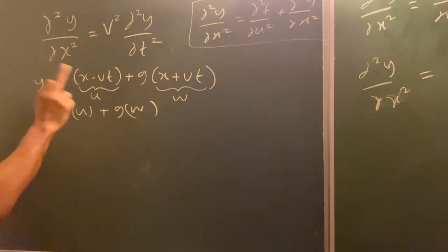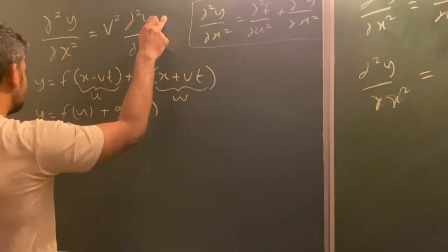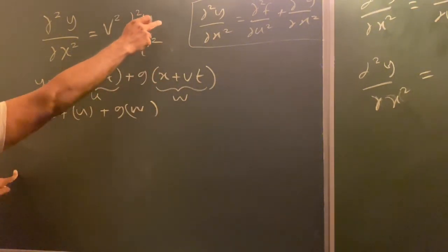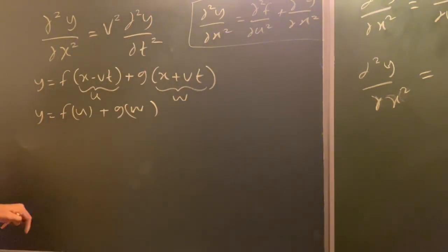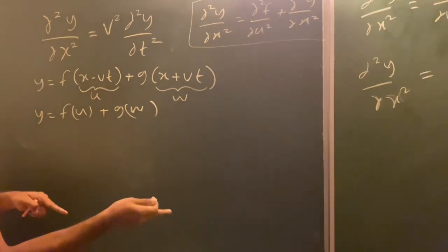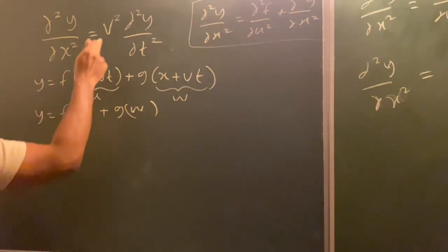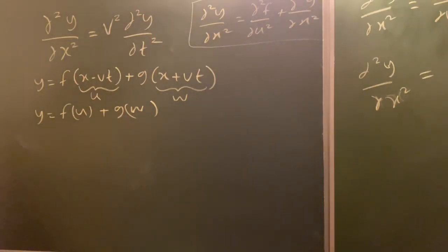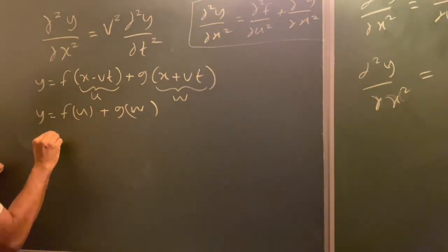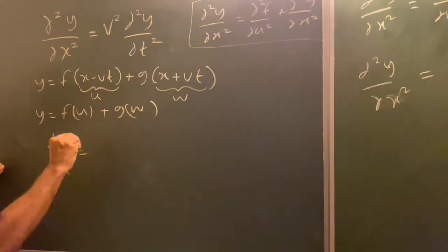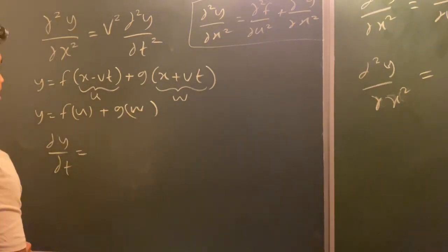Okay, now I'm going to get the second derivative of this one. I have to get the derivative two times in a row, and will eventually end up with ∂²y over ∂t². Let's see. Now ∂y over ∂t will be equal to what?